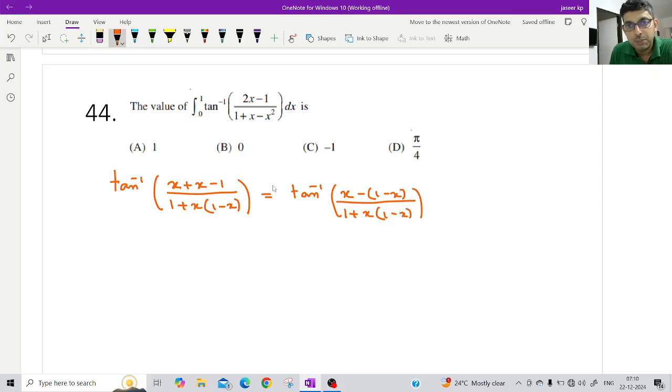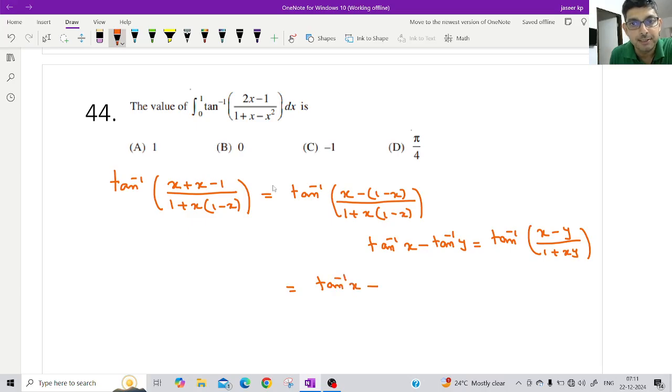Now if you use tan inverse x − tan inverse y, it will come as tan inverse of (x − y) divided by (1 + xy). So using this formula, it will become tan inverse of x − tan inverse of (1 − x).